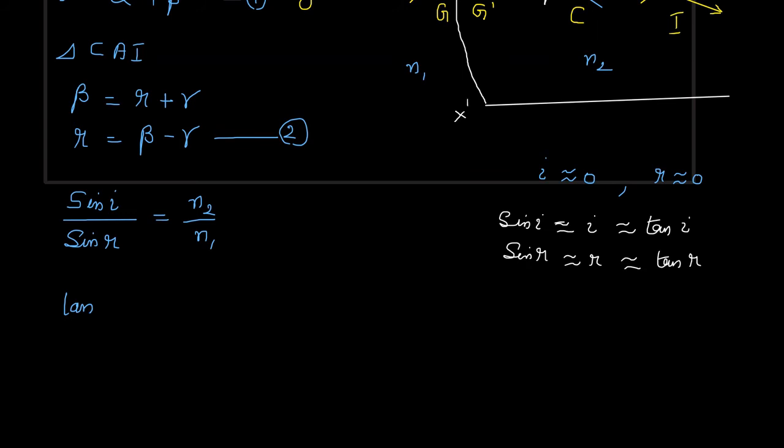So tan I divided by tan R is equal to N2 by N1.